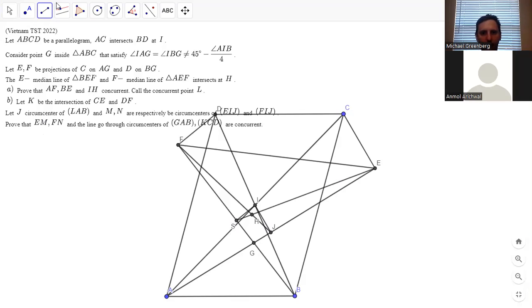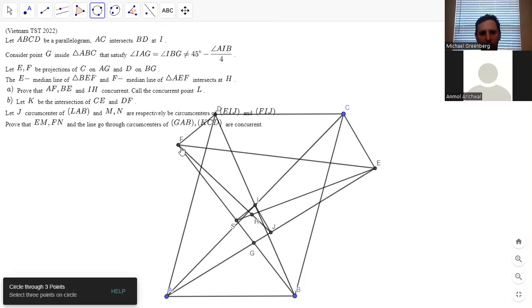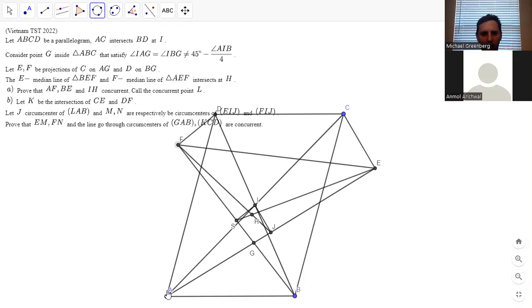Let's see. No, because FAB looks like maybe acute or close to right angle, but this is definitely acute. So IJA is similar to ISB. That's got to be useful.